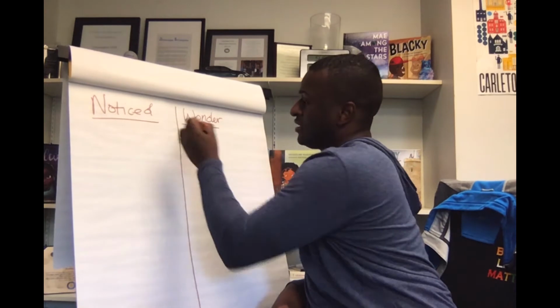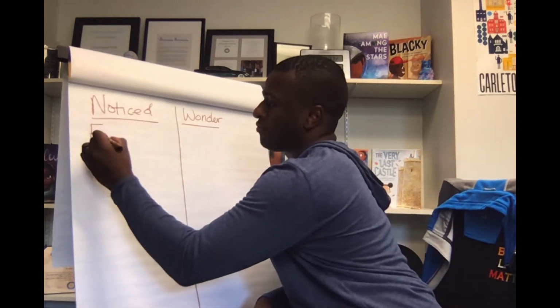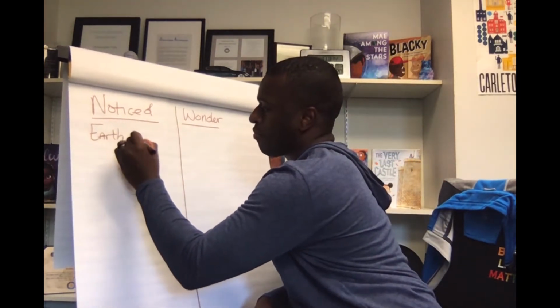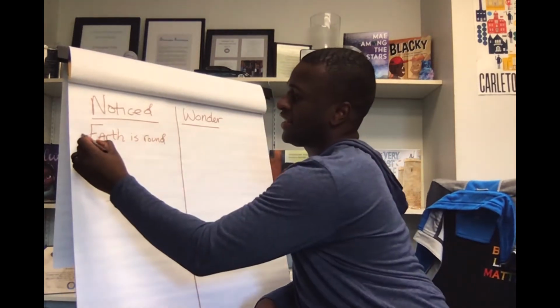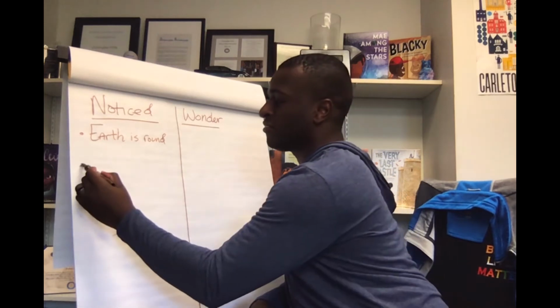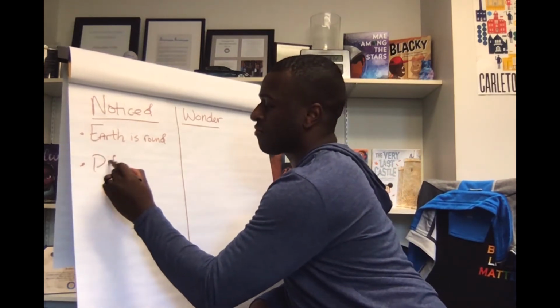I noticed that the Earth was round. And that's important, because some people believe that it's not round. The other thing that I noticed was that there were different colors.